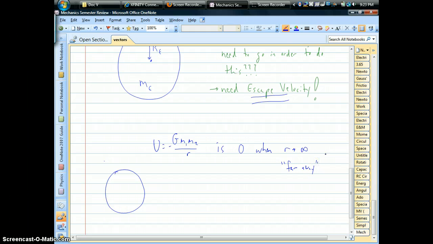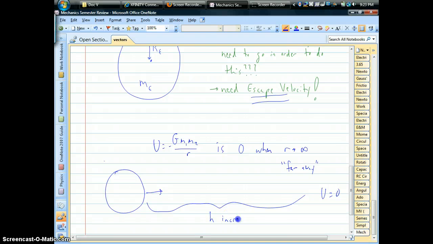Now, this is kind of weird because let's say we're the Martians looking at the Earth and the spaceship shoots off going sideways relative to us. Okay, so far away we're saying that your energy is 0. But at the same time, the height above the Earth is getting really big.